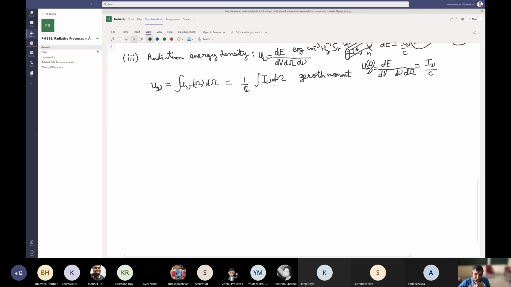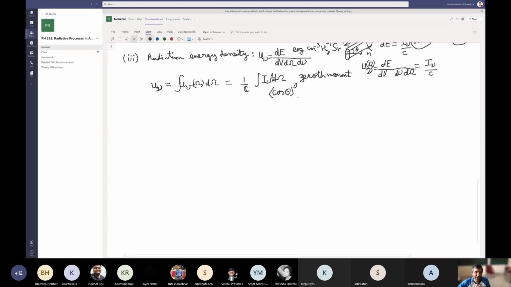Why am I calling this the 0th moment of I nu? Can someone answer this? Because the 0th component on momentum is certainly related to energy. Yes, it is cos theta to the power of 0 here. You can think of this as 1, and 1 is nothing but cos theta to the power of 0, right?